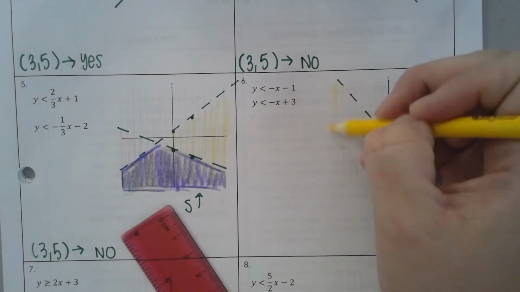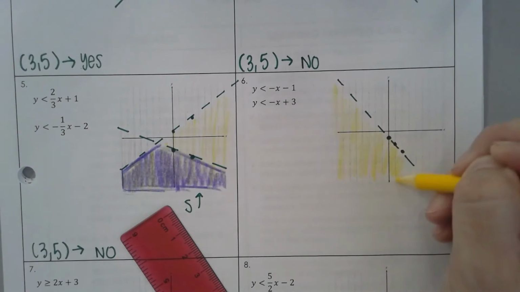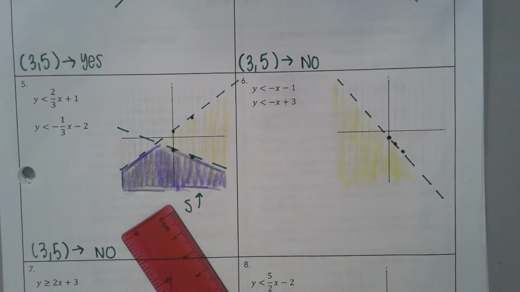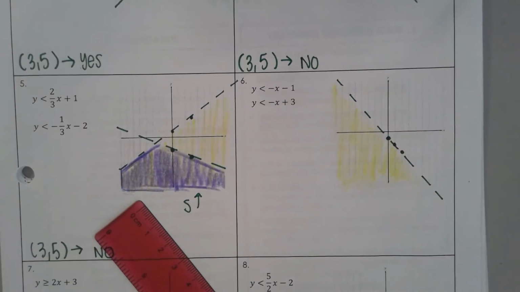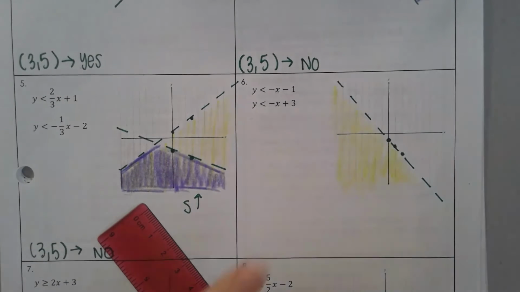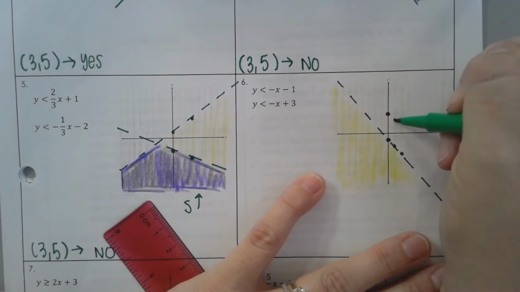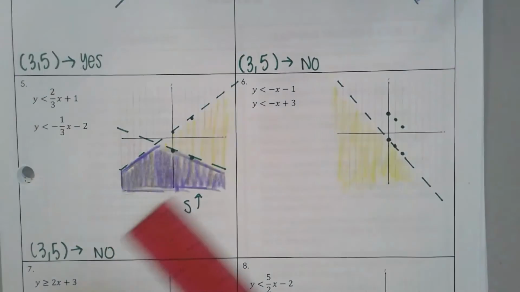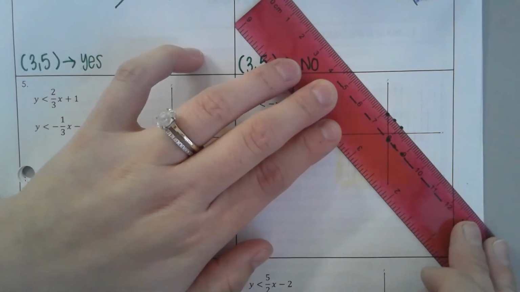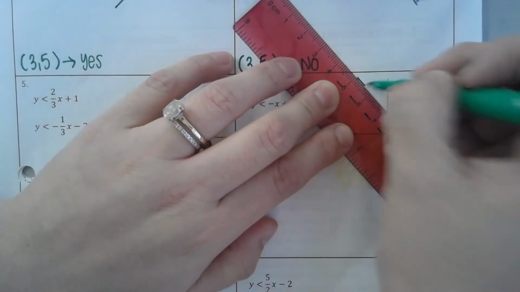Below. The other line has a y-intercept of 3 and a slope of -1. And it is dashed.